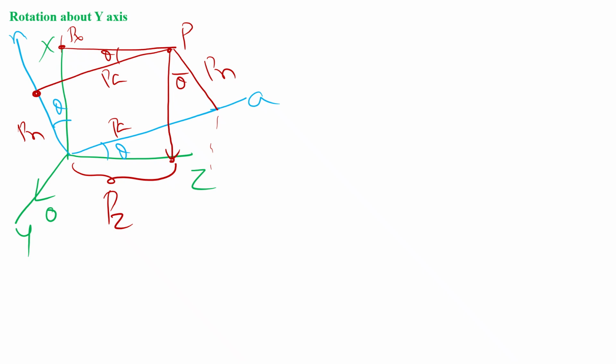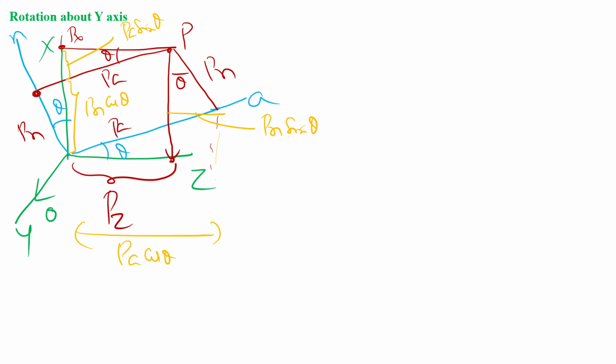So now we know that this point is Pn sin theta. Here also, this point is Pa sin theta. And this point is Pn cos theta, and this point is Pa cos theta.